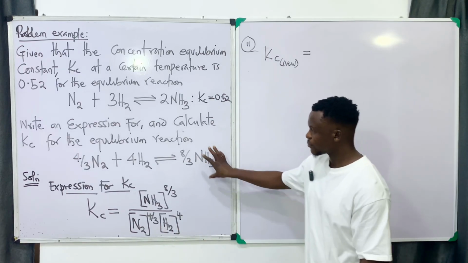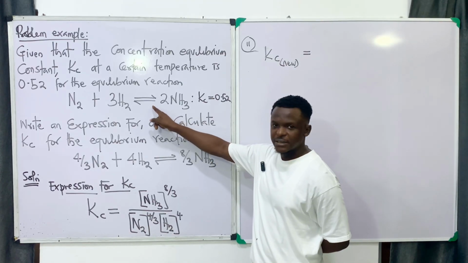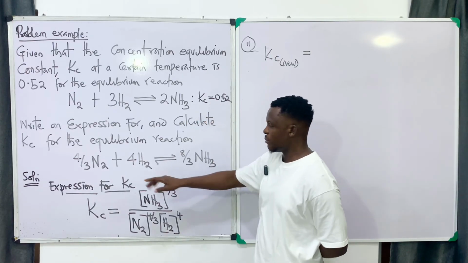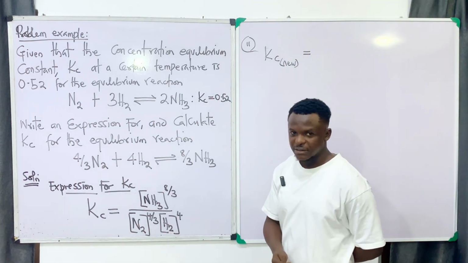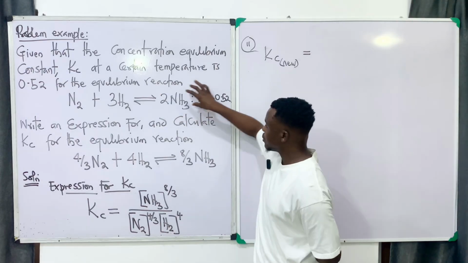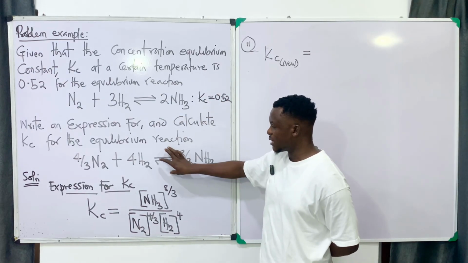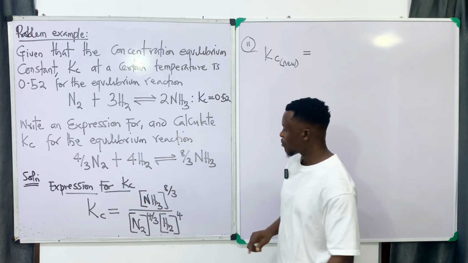Class, look up. What will I do to this equation, whose equilibrium constant was given, to get the equation that we are asked to find the equilibrium constant for? Whatever we are going to do to this equation, we are going to do it to this equilibrium constant. And obviously, the equilibrium constant of this, we are going to get it through that process. So look up.